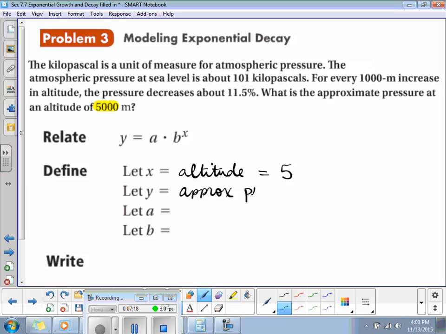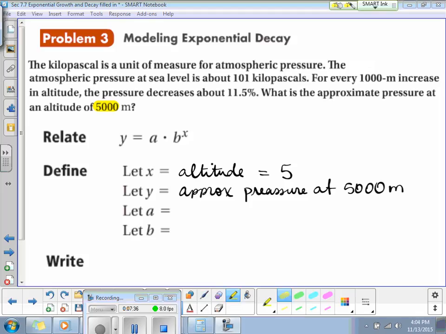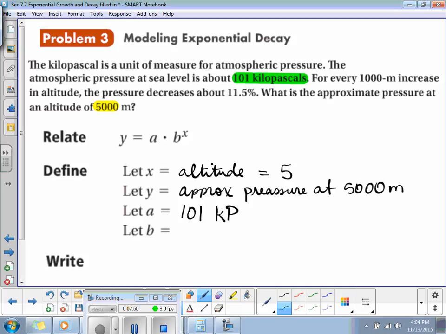A is the initial pressure, which is 101 kilopascals.